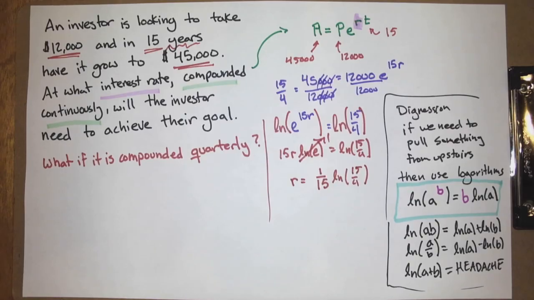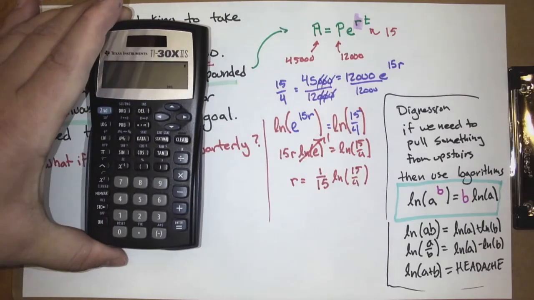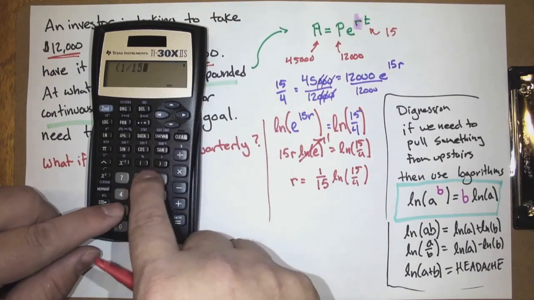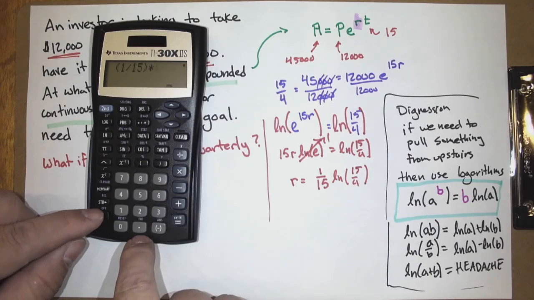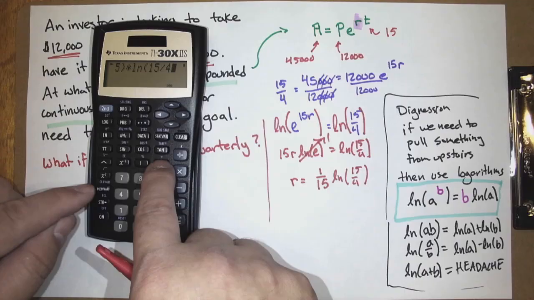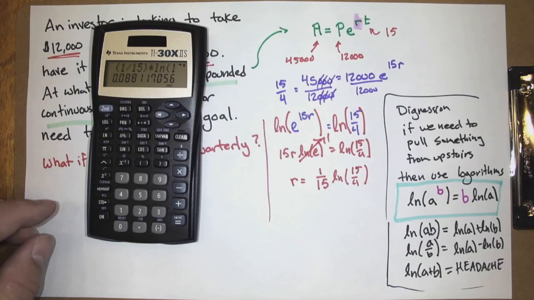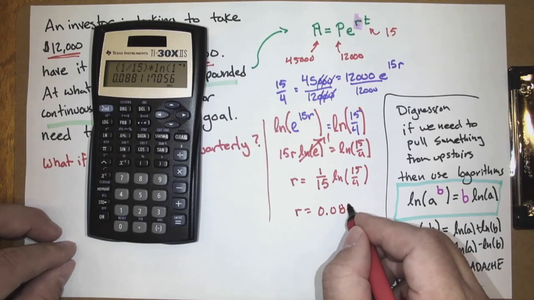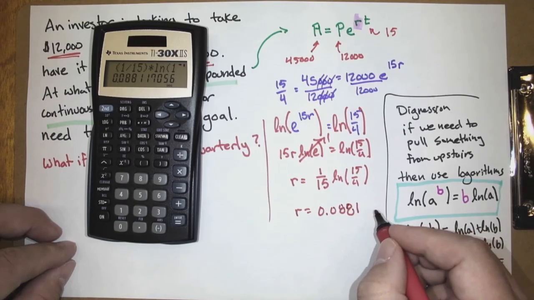Well, that's not the easiest thing for us to figure out, but that's okay. We have technology. So we'll take 1 divided by 15, and multiply that by the natural log of 15 divided by 4, and we get that r is 0.0881.